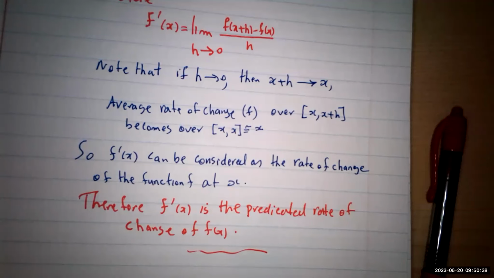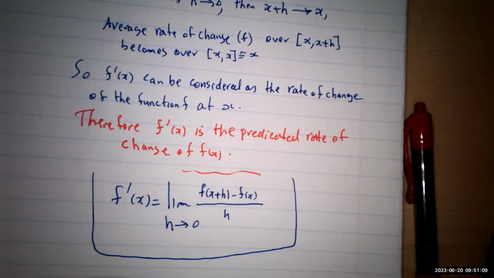So this version of the formula, I repeat it again: f prime of x equals the limit, as h goes to 0, of f of x plus h minus f of x over h. This is the derivative of the function. But in this form, you can use it as a rate of change, as a prediction for the future.